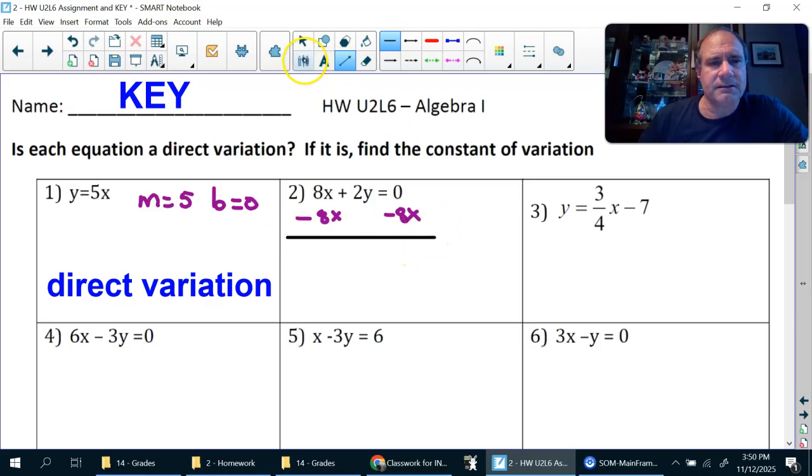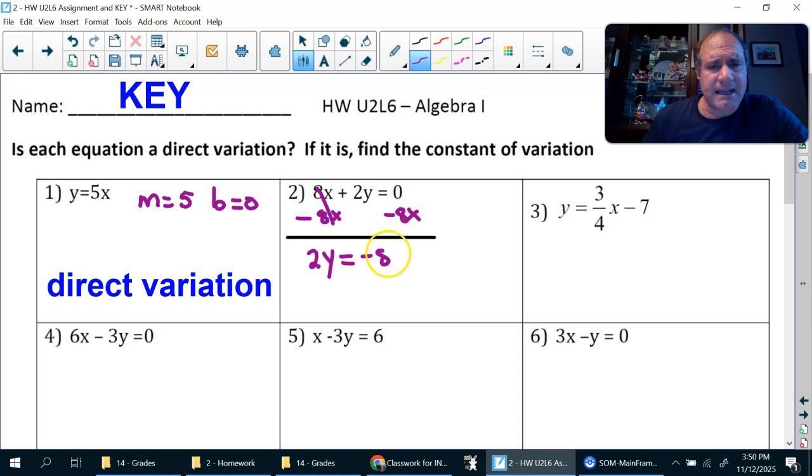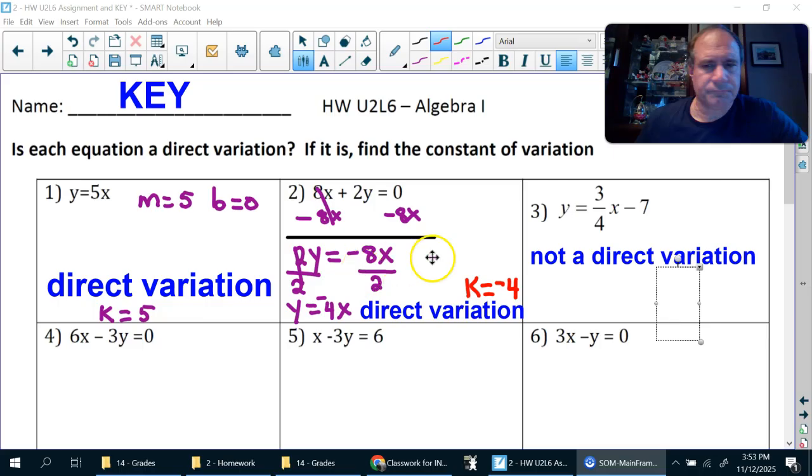That constant is going to be just like the slope. So this is 2y equals negative 8x plus 0. And when you solve, we're going to divide by 2 on both sides. Y equals negative 4x. And yes, that is a direct variation.